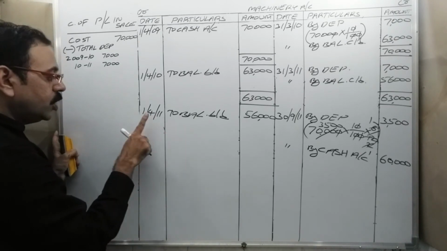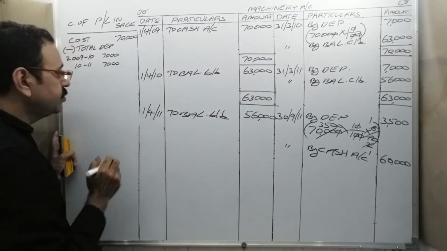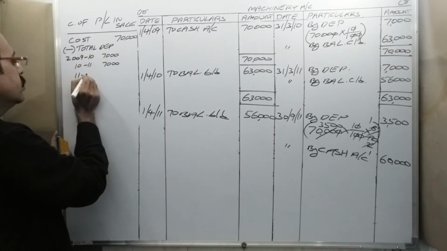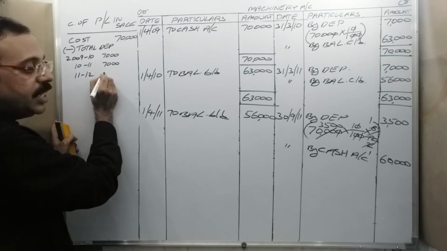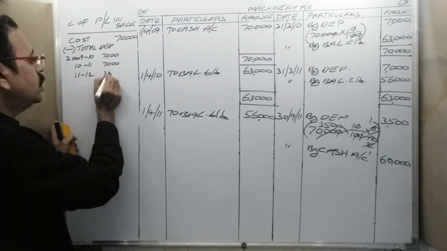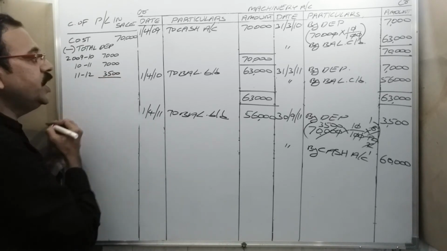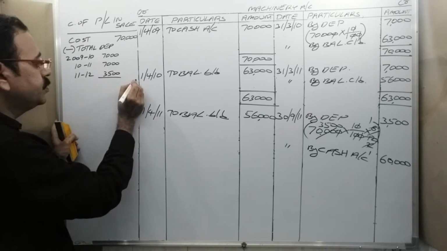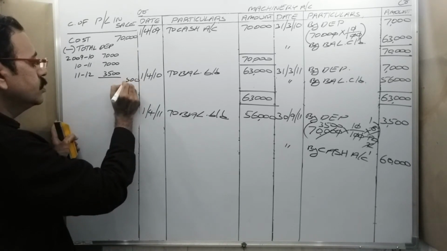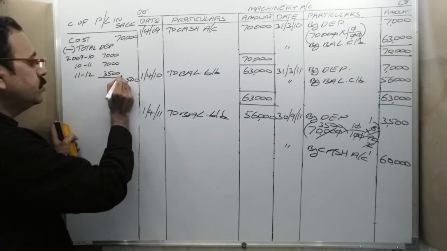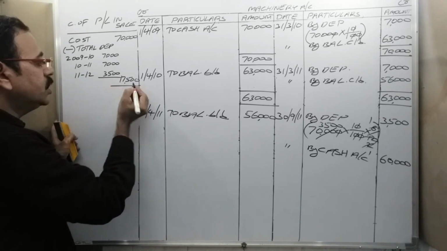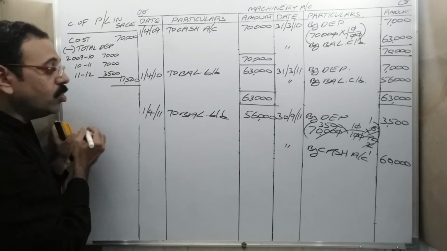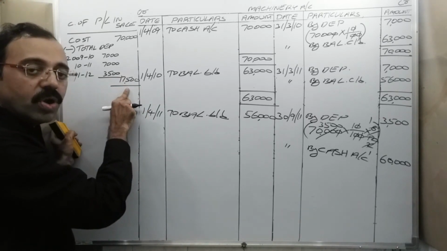Third year 2011-12. Third year depreciation amount is 3,500 rupees. Now total you have to write in outer column. 14 plus 3, 17,500. Now 17,500 is what?